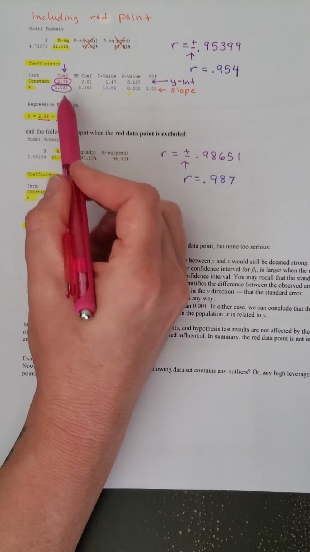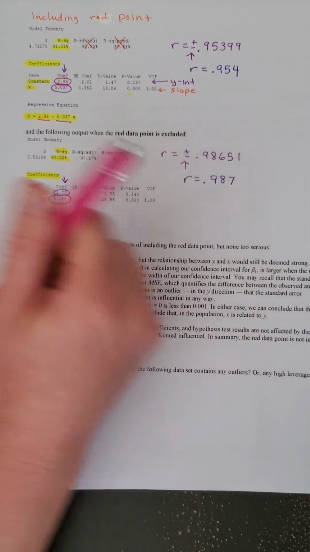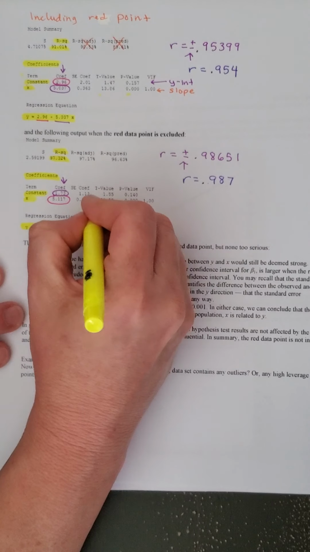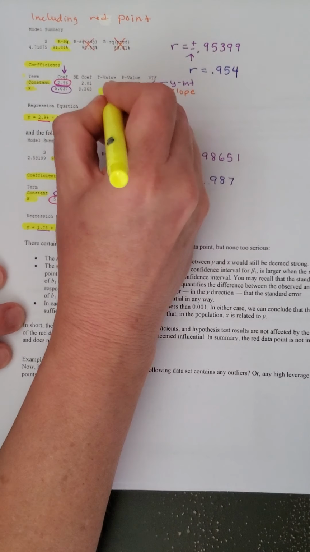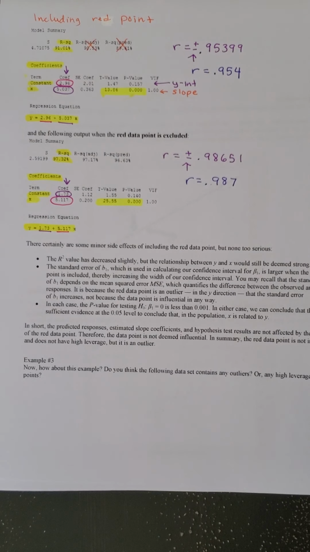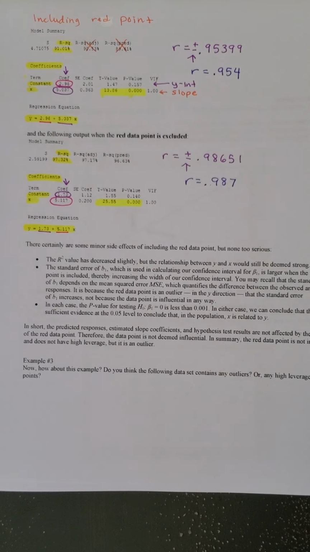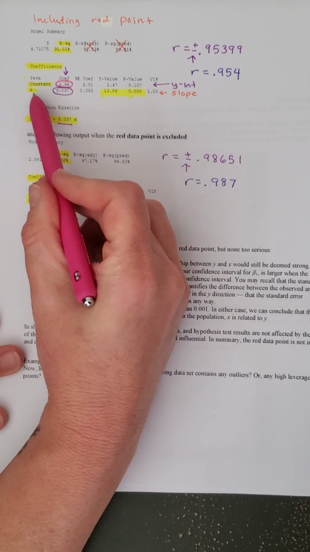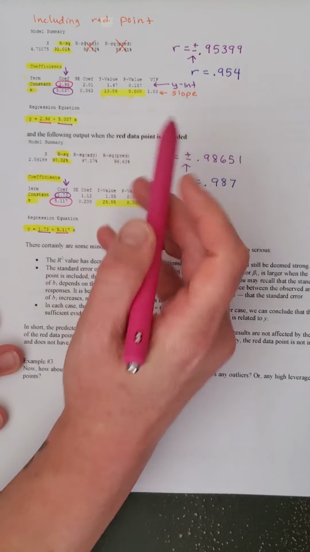And you can see that the slopes did not change dramatically. Also, I want you to notice the t-value and the p-value only in the x column. We don't care about the y. Remember, our x is our predictor variable, and if we were learning linear regression, we would be doing a regression analysis of the effect of x on y. So these would be important to us.